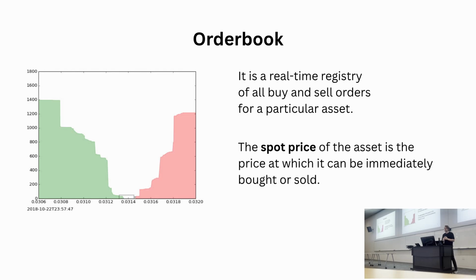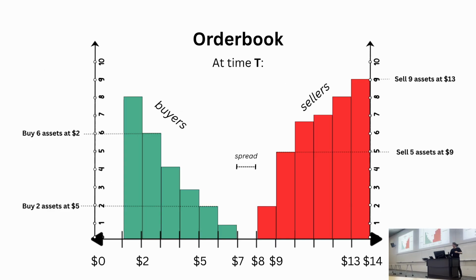The spot price of an asset is roughly the price at which you can immediately buy or sell it. In other words, visually speaking, the order book is going to look something like this. As I said, you have the x-axis, which is the price, and the y-axis, which is the quantity.